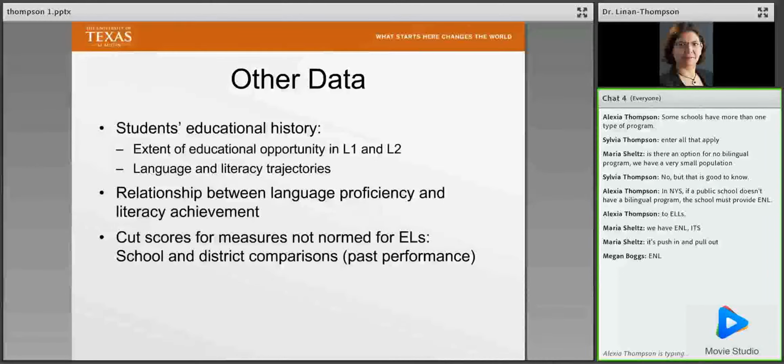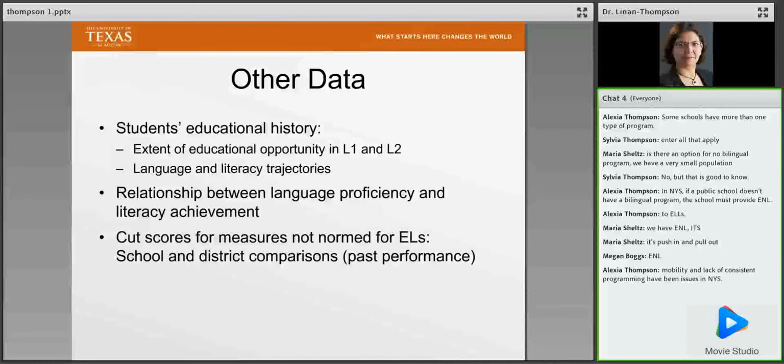This is really critical. We have emerging data that tells us that, because we are able to get many ELLs to build those foundational skills, many times they can reach those oral reading fluency benchmarks.